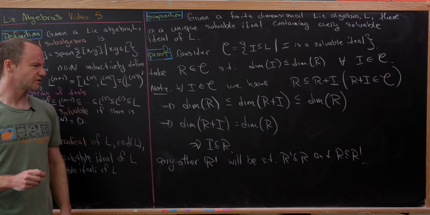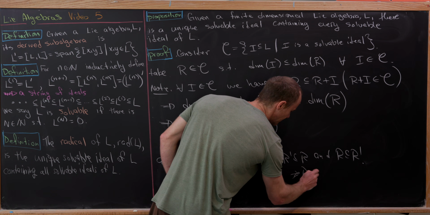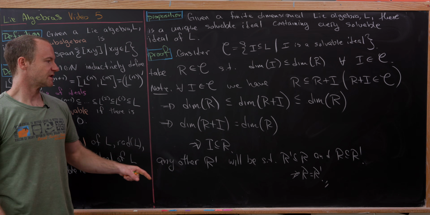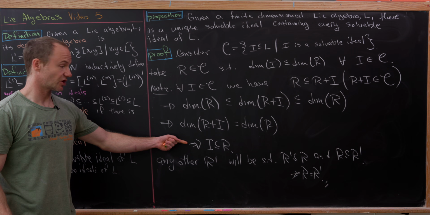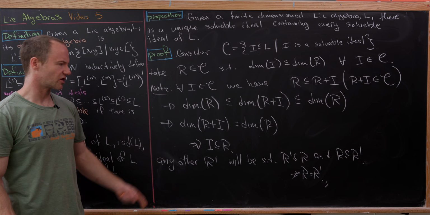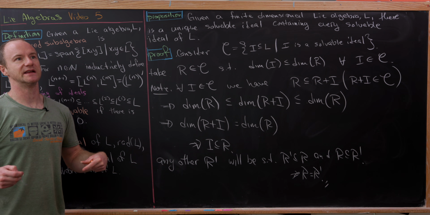But then if those two inclusions are true, then they have to be the same. But them being the same is exactly what we need for uniqueness. So there we have it. This shows that R contains all solvable ideals, and then this argument right here with the words that I said to fill in proves that that is unique.